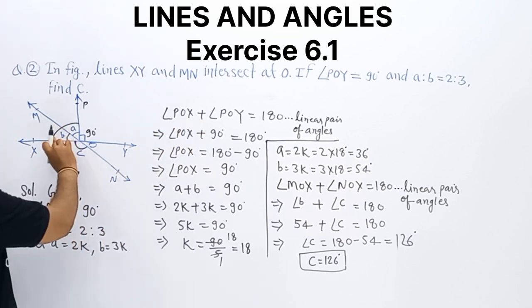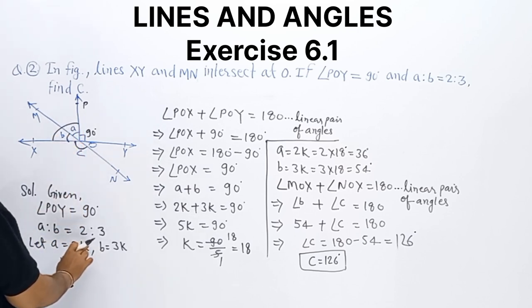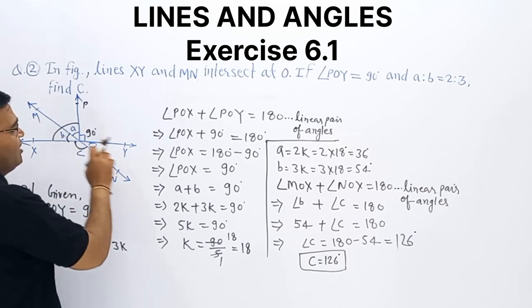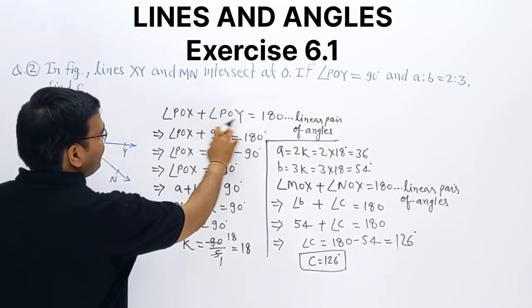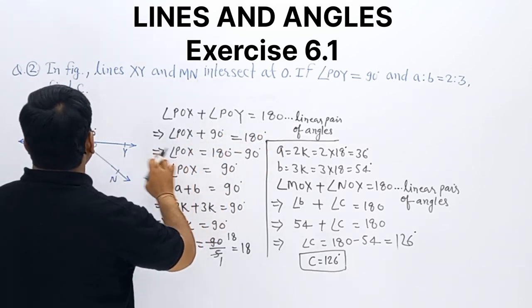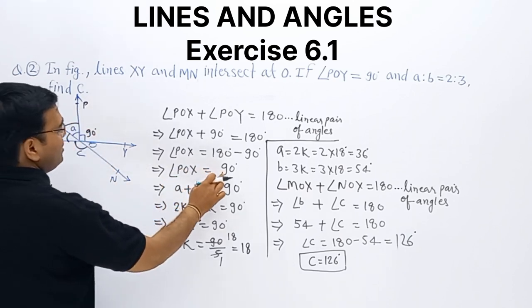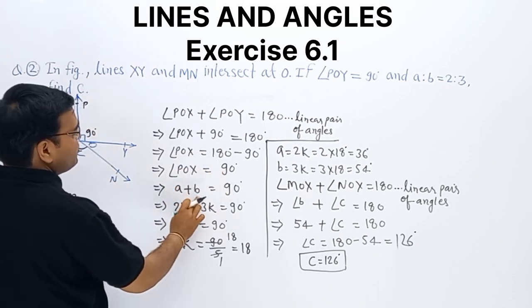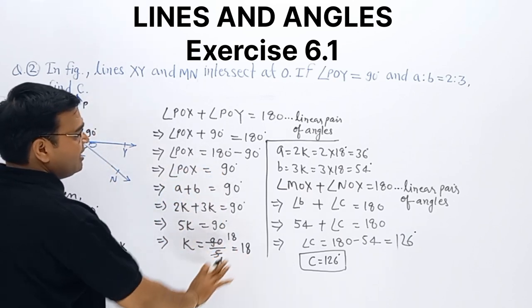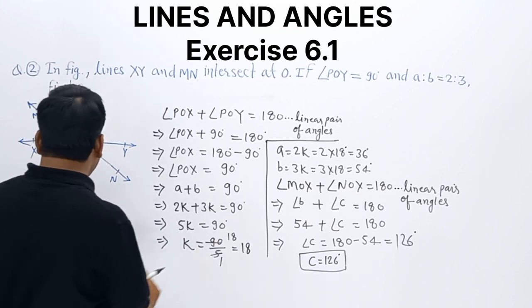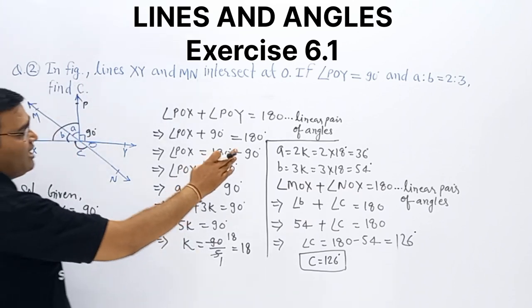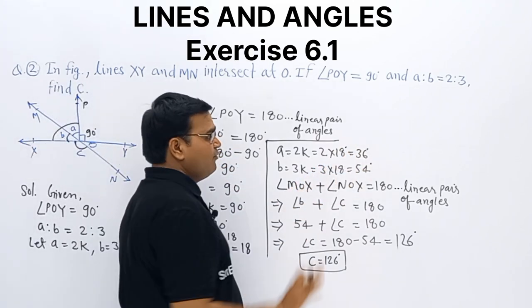And these angles have A is to B given in the question, so we are assuming A equal to 2K and B equal to 3K. Once we apply the linear pair of angles, we get this POX angle as 90 degrees, and A plus B equals 90. Solving and getting K, and this K value we put in A and B, and we get 36 degrees and 54 degrees.